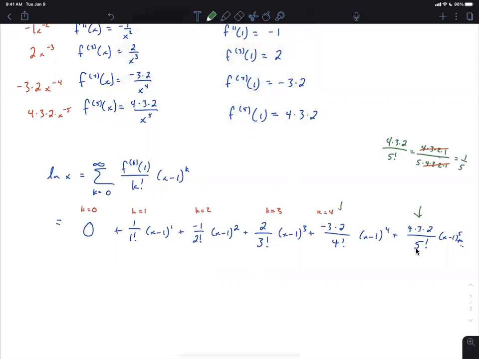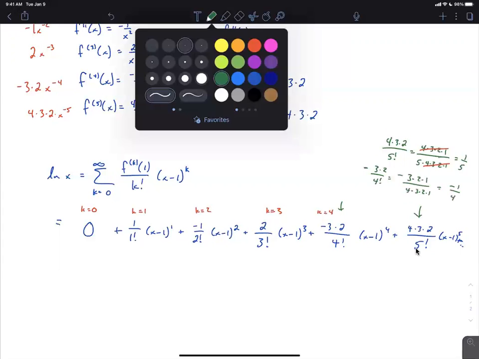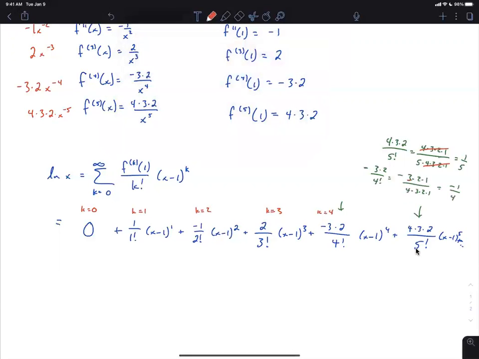And then we can do the same thing here. So if I have negative 3 times 2 over 4 factorial, that's negative 3 times 2 times 1 over 4 times 3 times 2 times 1. And the 3, 2, 1 cancel, so you get negative 1/4. So it still alternates, but the factorials cancel out, and you're left with just one number in the bottom.